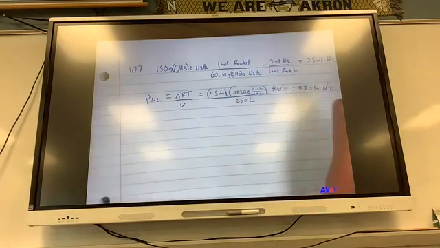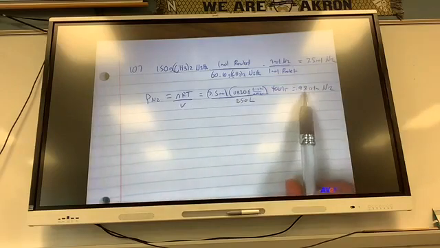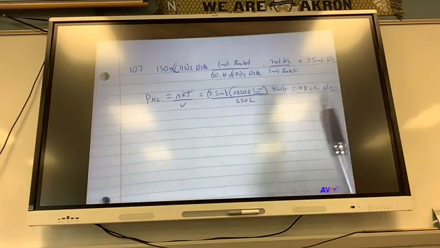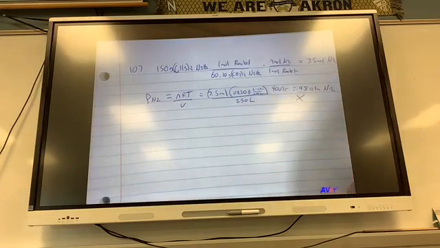But we're not done. Because on 107, it's asking for the total pressure in the tank, assuming the reaction has 100% yield. So this is based off of, I got 0.98 ATM. How many moles of nitrogen gas do I have in the problem?